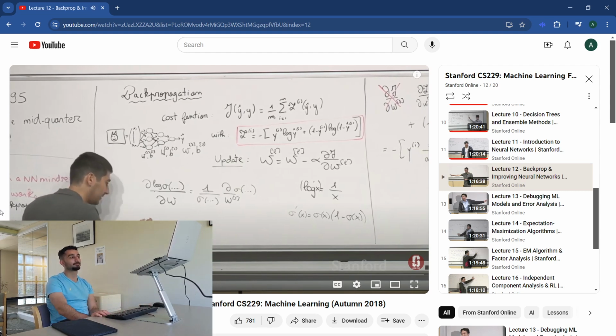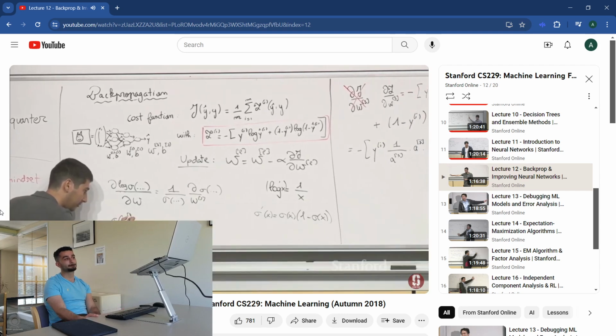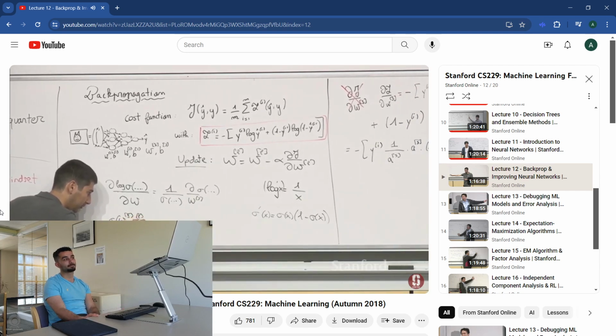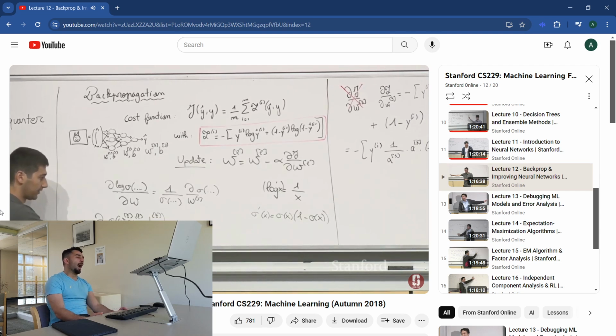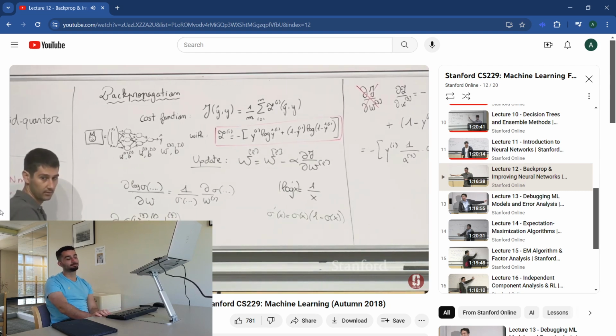Okay. Because I know that sigmoid of W3 A2 plus B3, if I want to take the derivative of that with respect to W3, I need to go inside and take the derivative of what's inside. Okay?